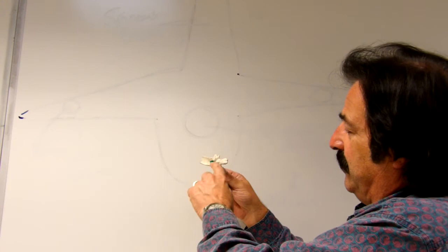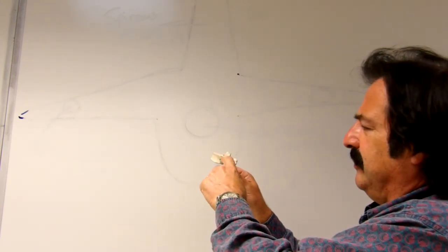You might be saying, well, what is this green spot over here on the side? Well, I'm glad you asked that. Let me grab a rib.